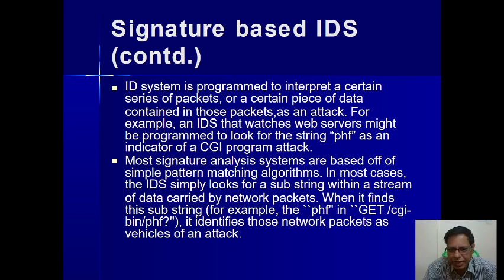A vehicle of attack is one carrying the malicious virus or content. Generally the packets are received smoothly, so by using signature based detection, the IDS looks for a substring within a stream of data.